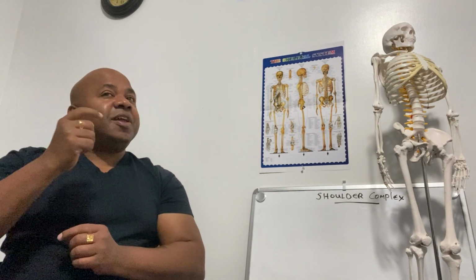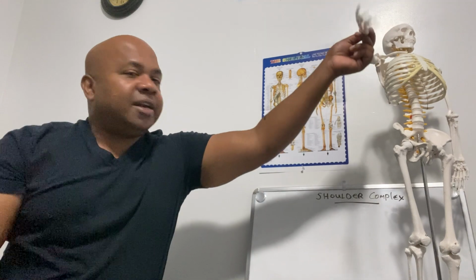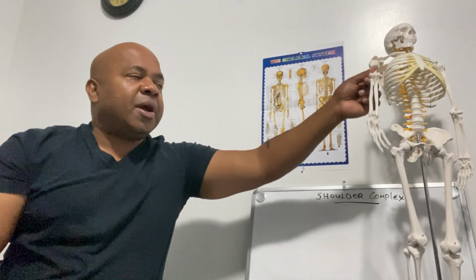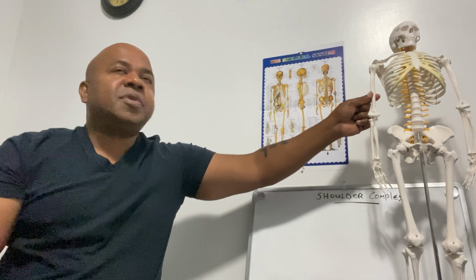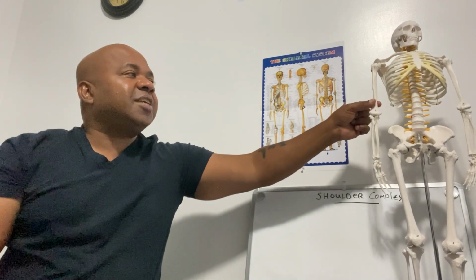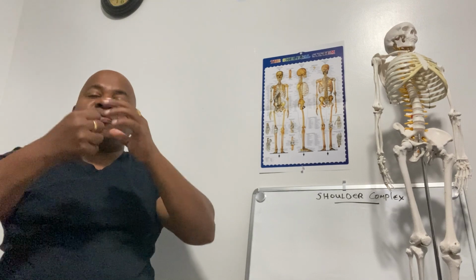Now let us see what arthrokinematic movements occur during shoulder movements. Take the example of shoulder flexion. When you do shoulder flexion, the osteokinematic movement is the anterior movement of the shaft of the humerus. And what is happening to the head of the humerus?